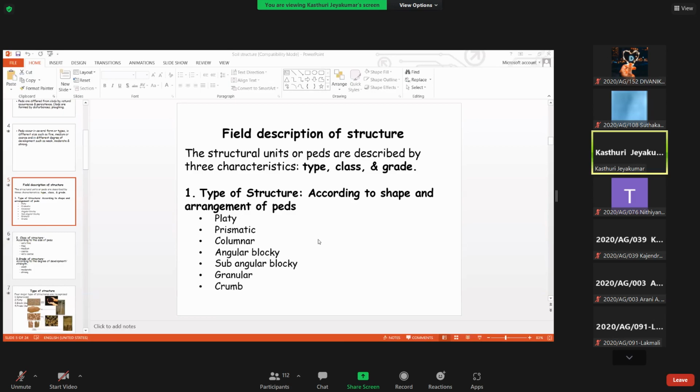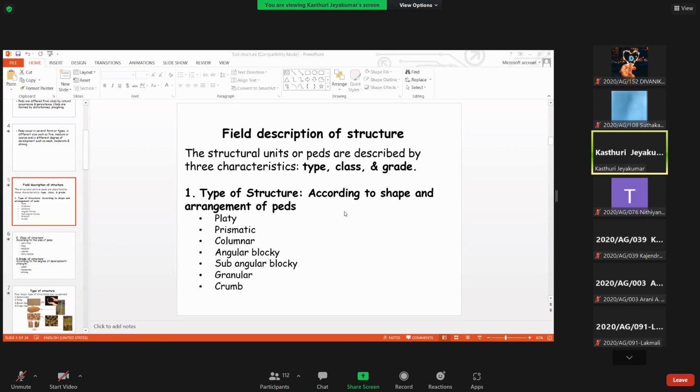Granular and crumb come under spheroidal. Platy, one major type. Prismatic and columnar come under major type prism-like structure. Angular blocky and subangular blocky come under block-like type. And the last two, granular and crumb, come under spheroidal type.